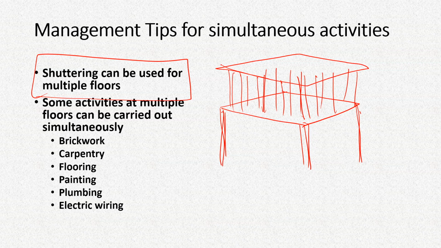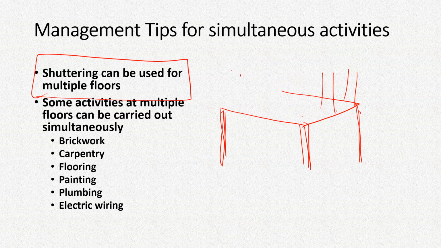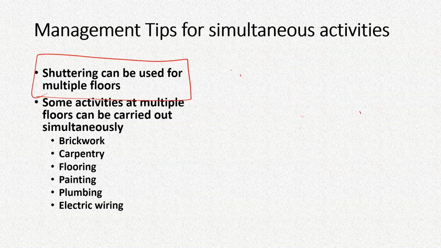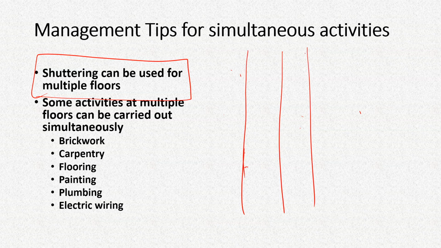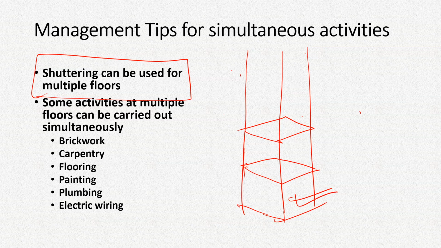In the case of multi-story buildings, if we have completed, suppose, a number of floors, different activities can go on simultaneously on different floors. Suppose on the ground floor you have already completed brickwork, plaster, painting and flooring, so you can go for plumbing or wiring on this floor.